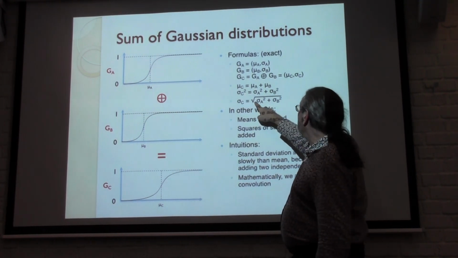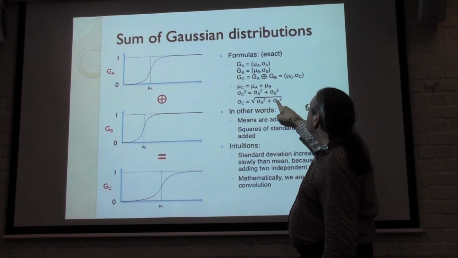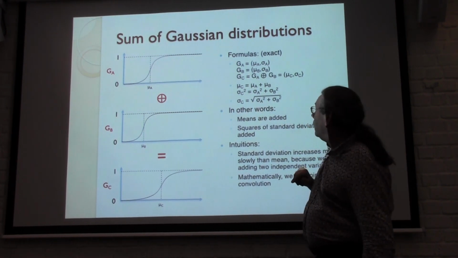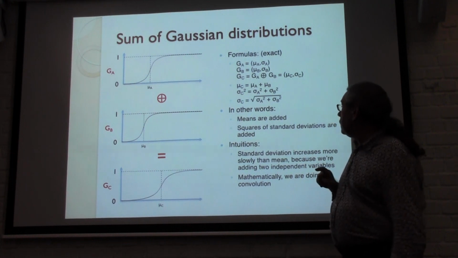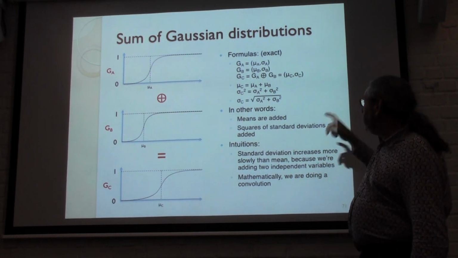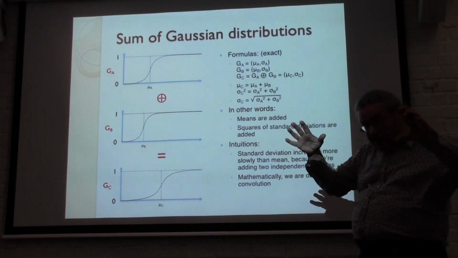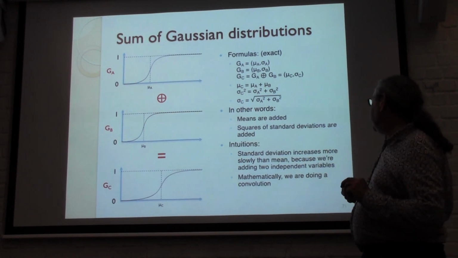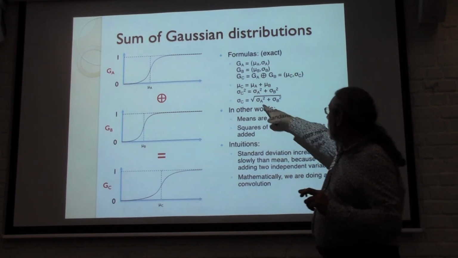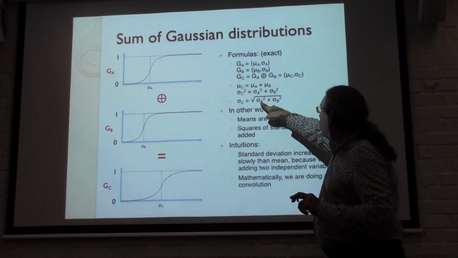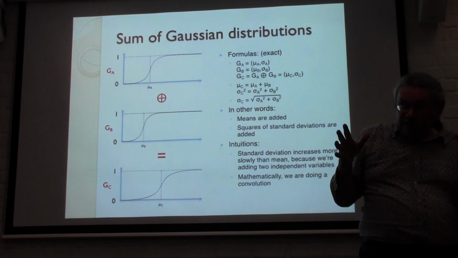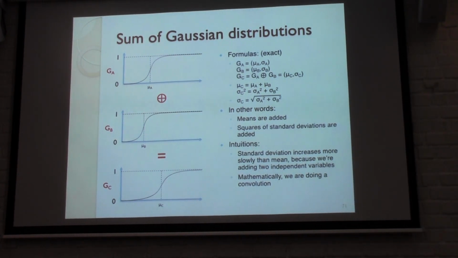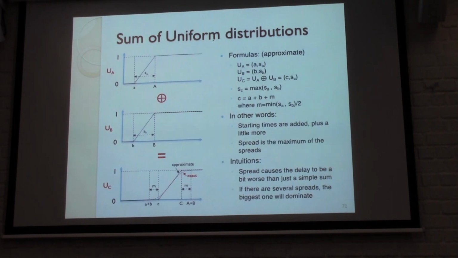It's the square root of the sum of the squares. So the means are added, and the squares of the standard deviations are added. What it means is that the standard deviation is increasing slowly. Because when you're adding many of these together, the sigma c will increase slower than the actual sum. So the convolution for Gaussian is very easy.